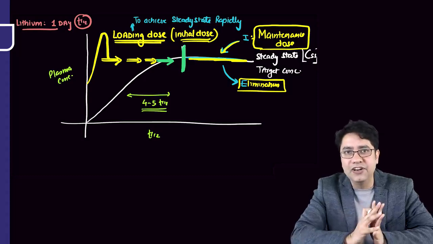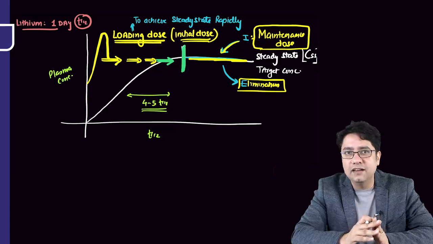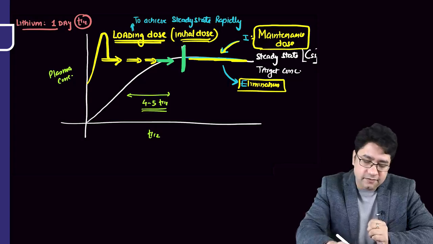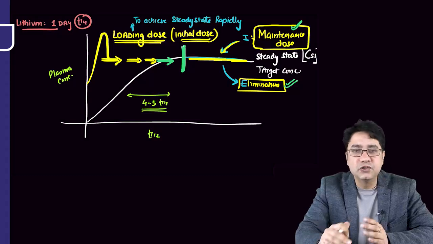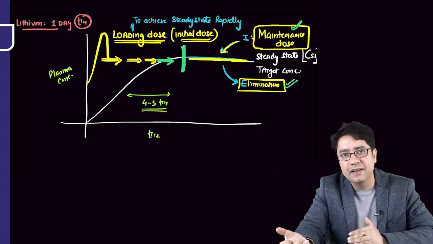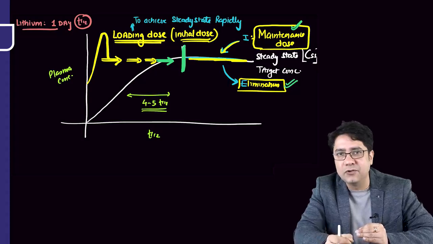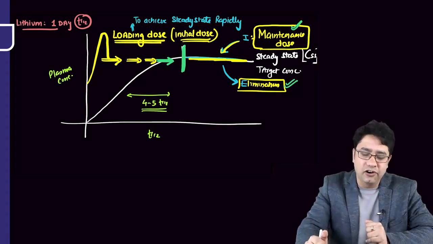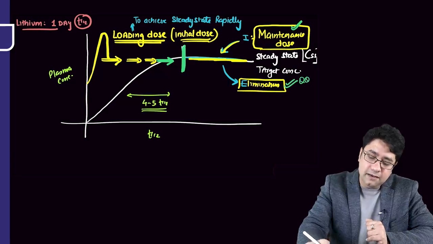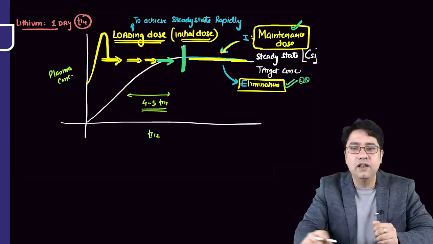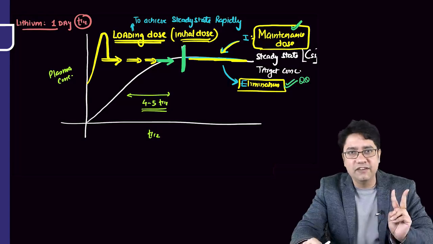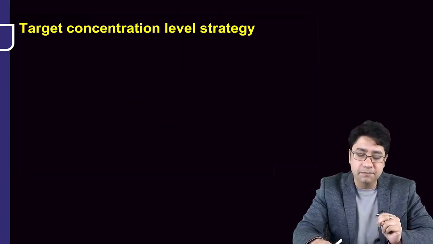Now, a very important point, can we say maintenance dose and elimination rate, they both are equal and opposite? Whatever the drug is getting eliminated, just give this drug from outside, the concentration will not fall. Maintenance dose and elimination are equal and opposite. So we give two types of doses in our patient.